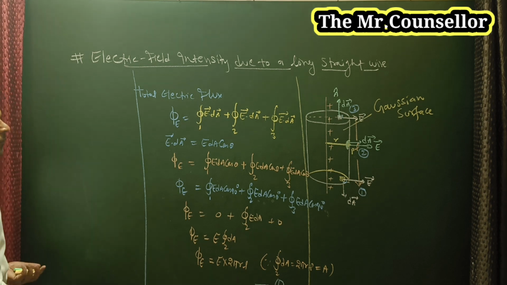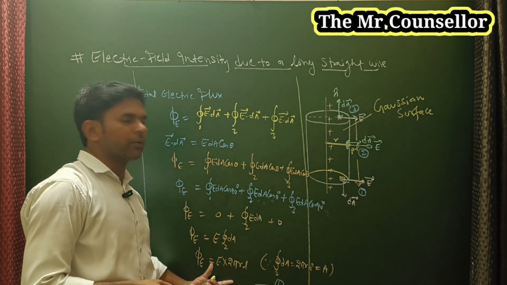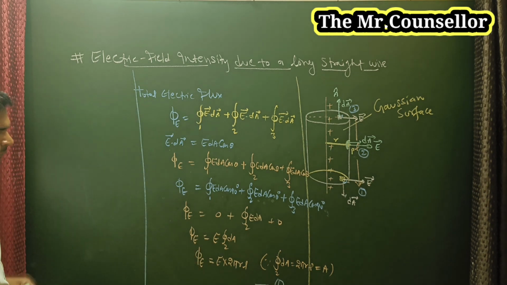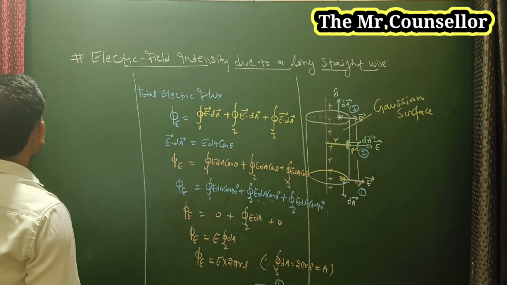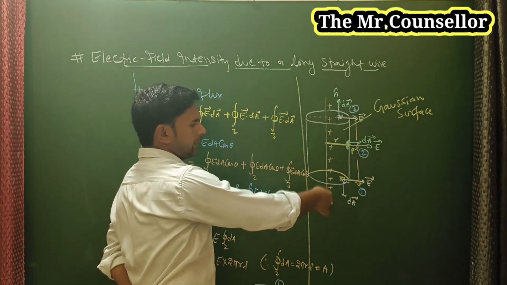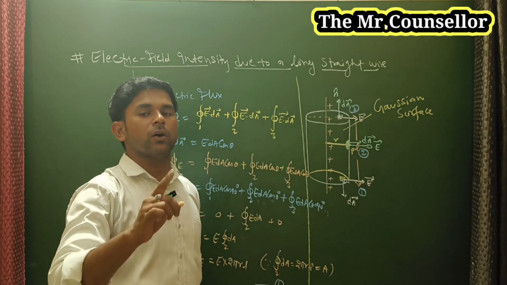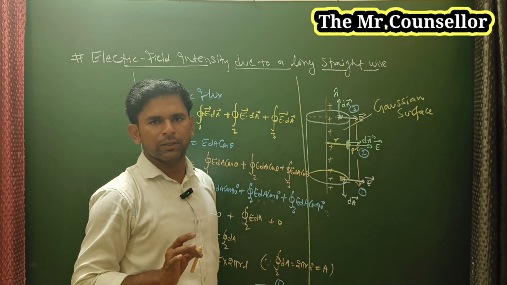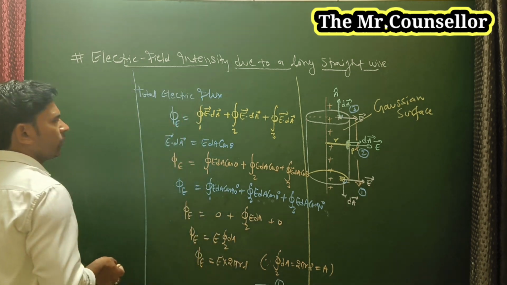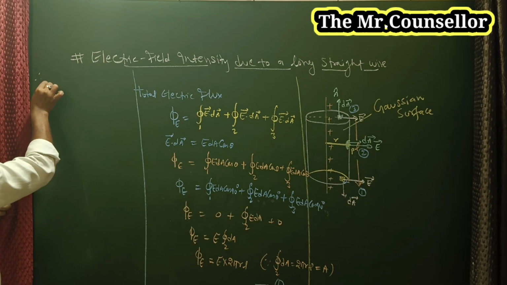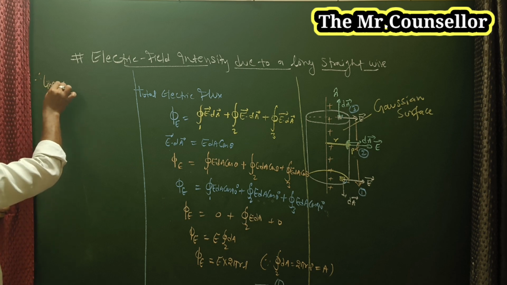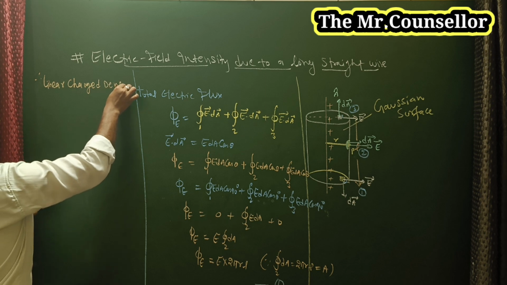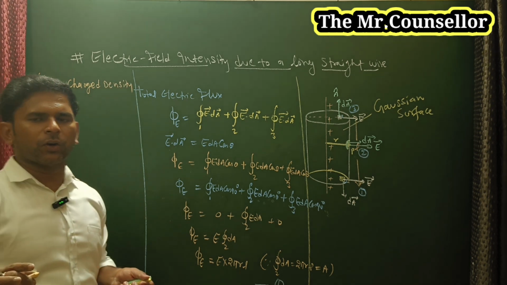After this, there are very important things. We know one thing: if we have a linear charge, it means charge on a line, here a straight wire. We know linear charge density very well.